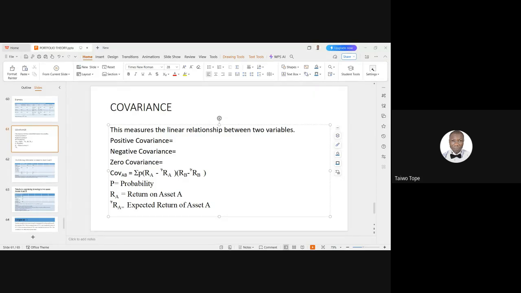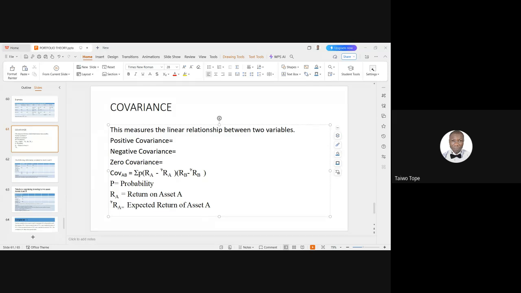Now, what is correlation? Correlation is not far from covariance, but there is just a single difference between the two. Correlation measures strength and direction.